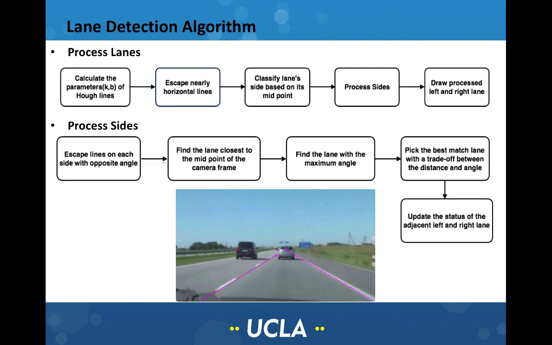And also we will find the lane with the maximum angle. Since we have two metrics, we need to pick the best match lane with a trade-off between the distance and the angle metric. And then after finding the best match lane, we can update the status of the adjacent left and right lane.